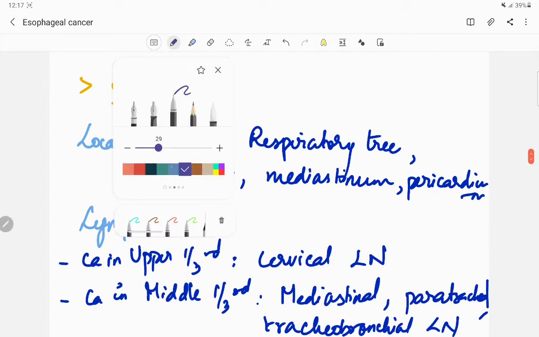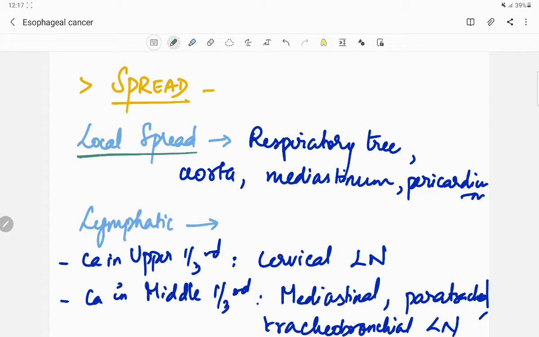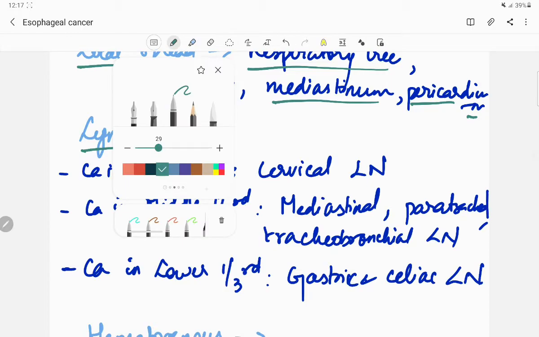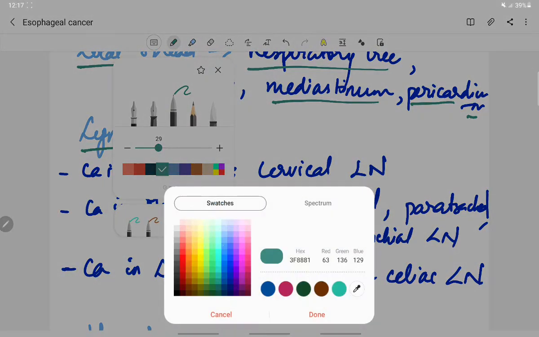Next, coming to the spread. Local spread is to the respiratory tree, aorta, mediastinum and the pericardium. The lymphatic spread is different at different sites of carcinoma.